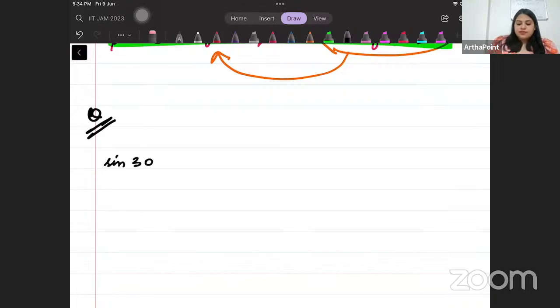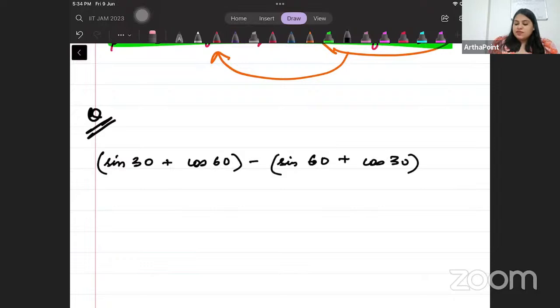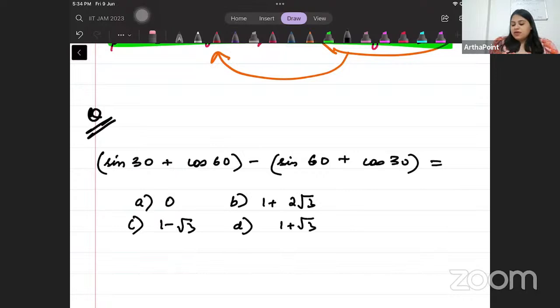Sin 30 plus cos 60 minus sin 60 plus cos 30 is A 0, B 1 plus 2 root 3, C 1 minus root 3, and D 1 plus root 3. So you have to tell me which of the following is the correct option. बहुत simple है.